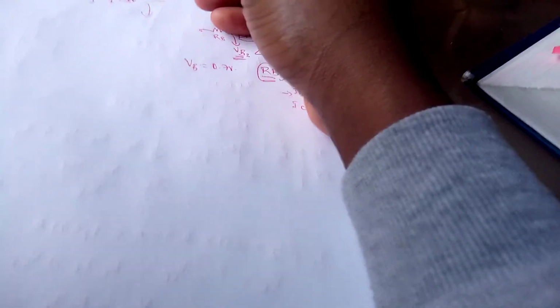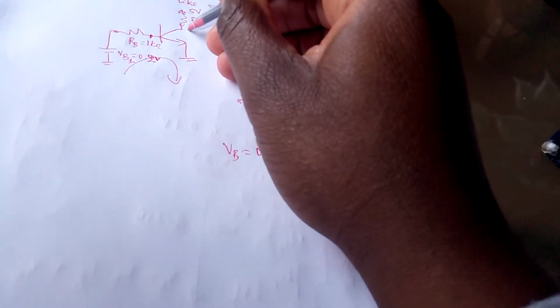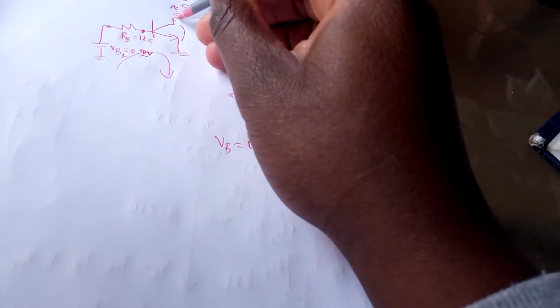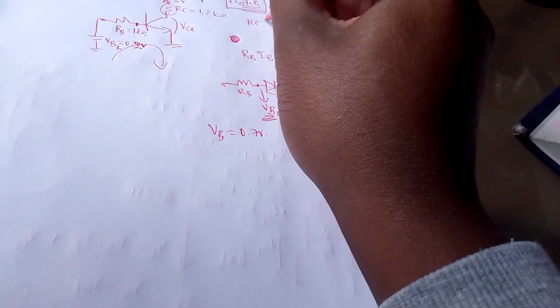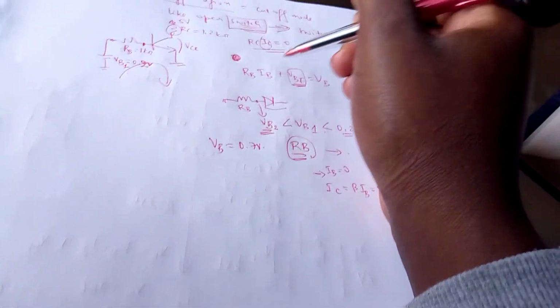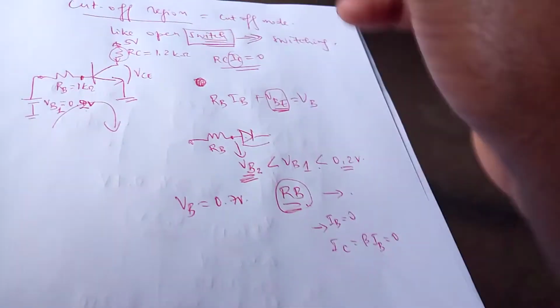And if there is no collector current flowing, what do we observe? If IC is 0, the voltage drop across RC, which is RC times IC, will also be 0. That means there won't be any drop there.